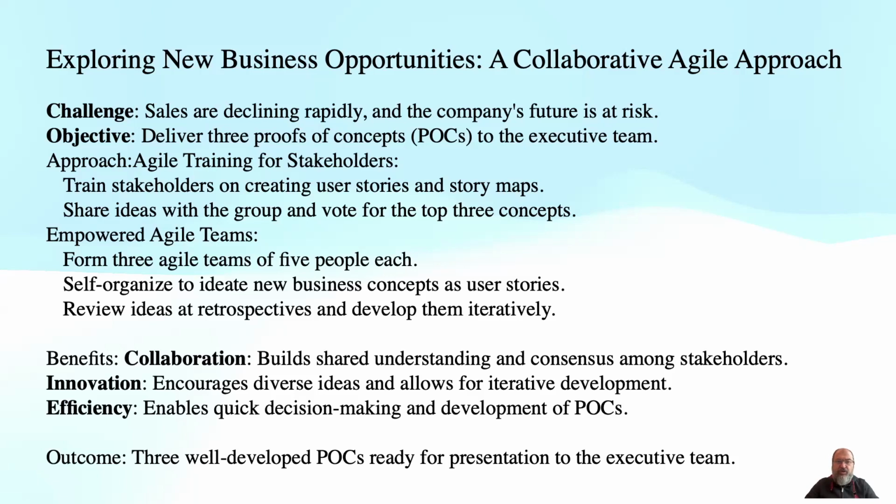The first approach the project manager is considering is to train stakeholders on how to create user stories and story maps. This will enable them to effectively communicate their ideas and facilitate a group decision on the top three concepts to pursue as proof of concepts.